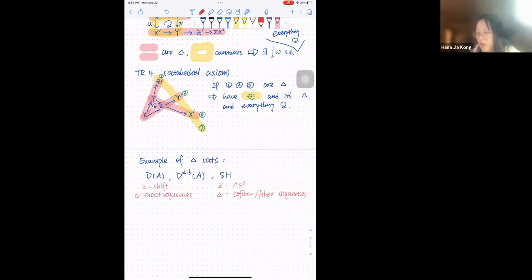For the stable homotopy category, cofiber sequences equal fiber sequences, and this is not necessarily true in the unstable homotopy category. Also, in the axioms you need the suspension functor, the shift functor, to be an automorphism, and that means you can desuspend, and that's not true in the unstable homotopy category.